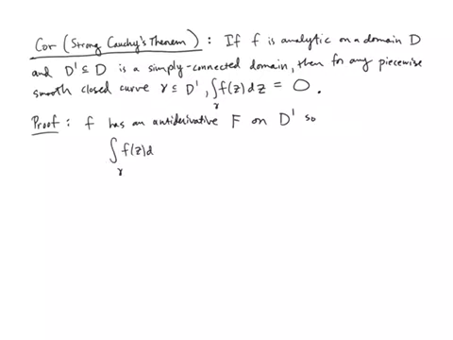So if we take another point in this disk, let's say z1 right there, and draw a disk around that, our function is identically 0 in a neighborhood of z1.